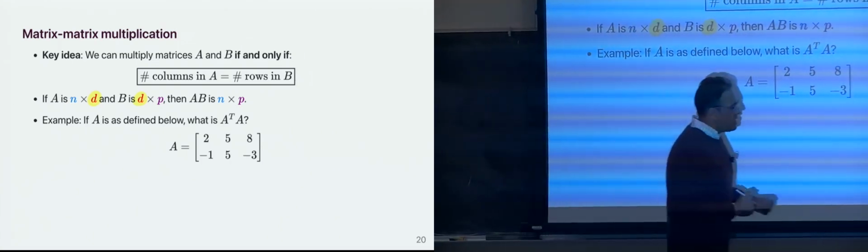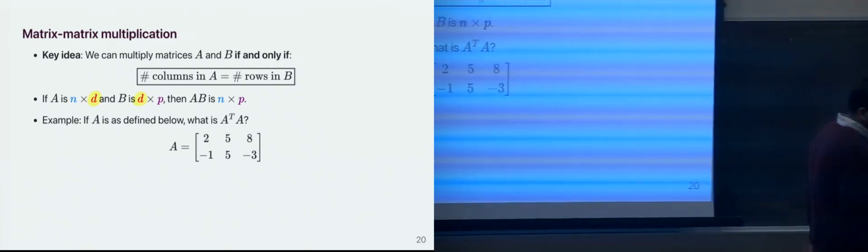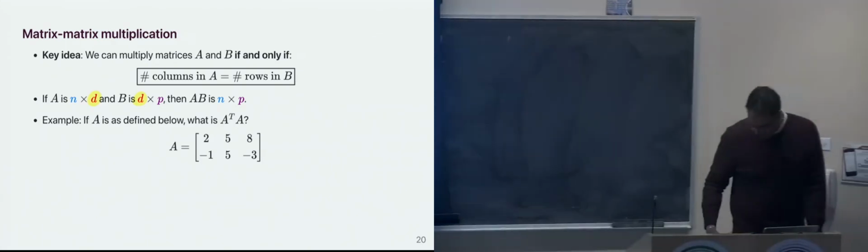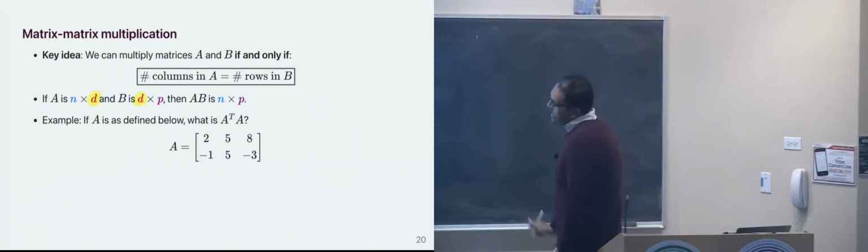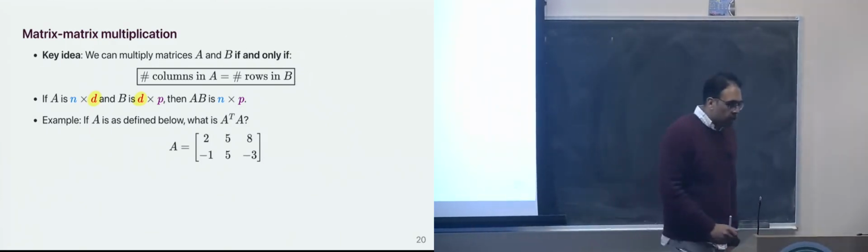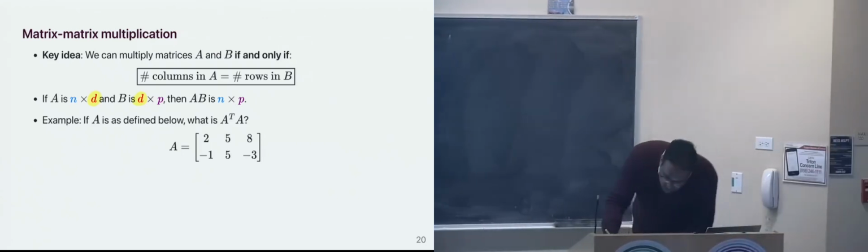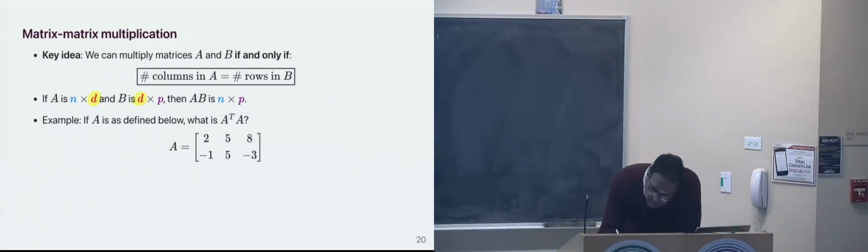Okay? And so let's work through a concrete example. If A is this matrix, what is A transpose A? Well, I never defined what A transpose is. First, it's worth noting that A has 2 rows and 3 columns.